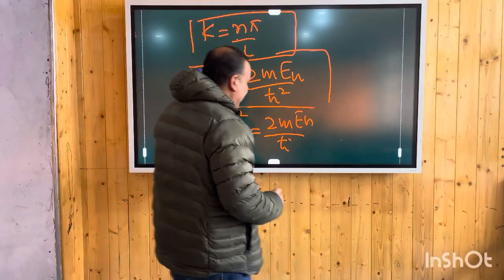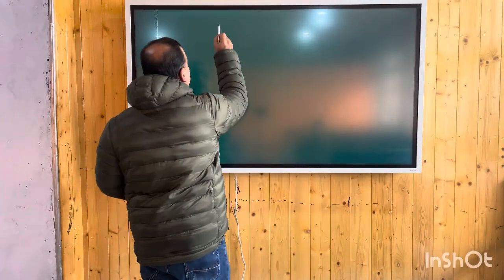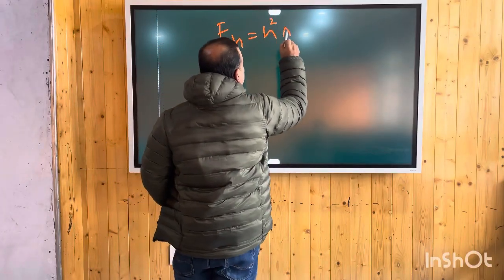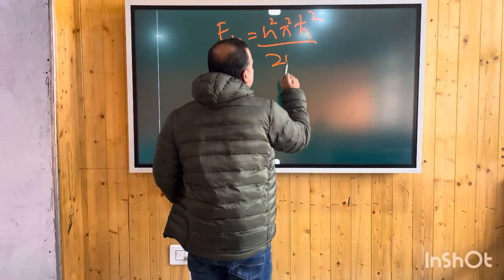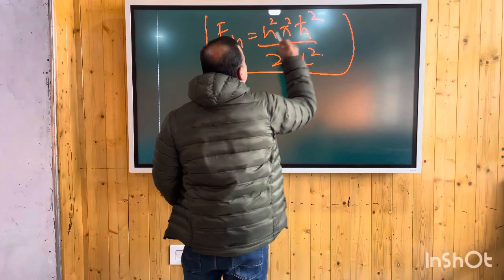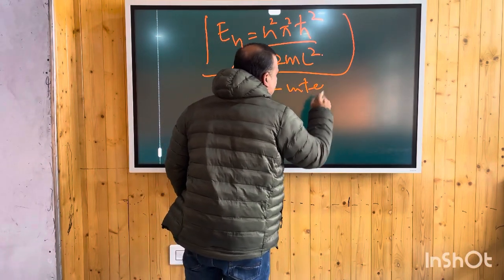So what we are going to get from here is En. Tell me what is En. En will be n square pi square h bar square by 2m L square. Now what is this n? N is an integer, a positive integer.